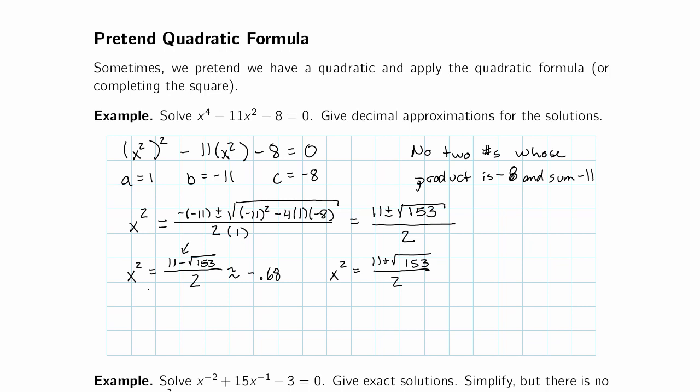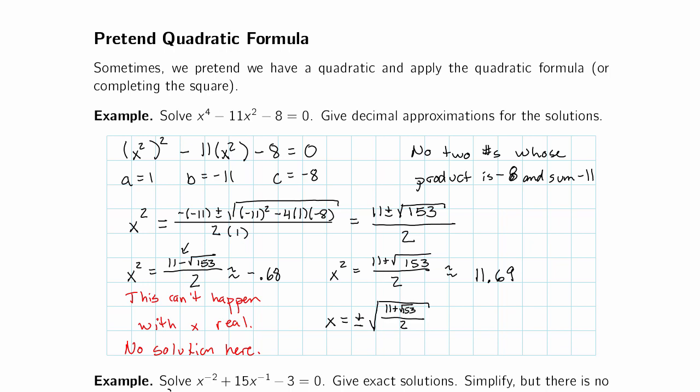Because we're working with powers higher than 2 in this equation, we're going to restrict ourselves to real numbers, which means this can't happen with x real. So there's no solution here. However, this one gives me something about positive 11.69, which is a positive number. I can take a square root of that, which means that x is just one of the square roots of this number. That's very unpleasant, right?